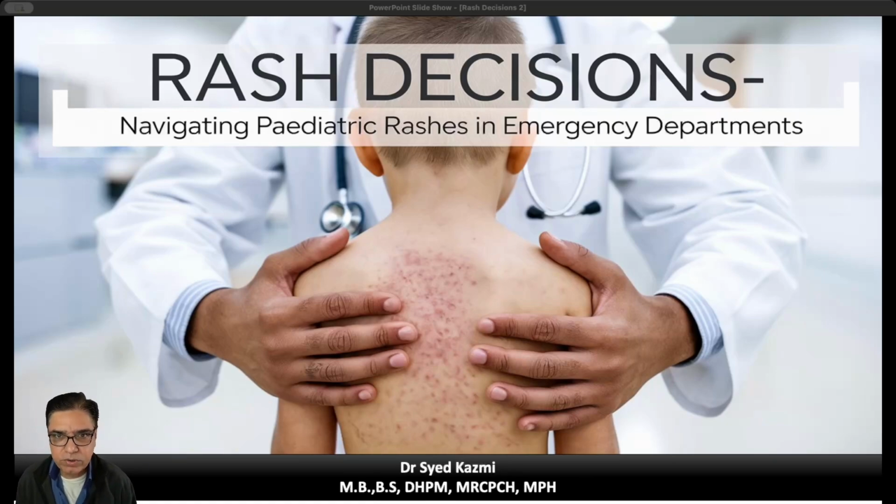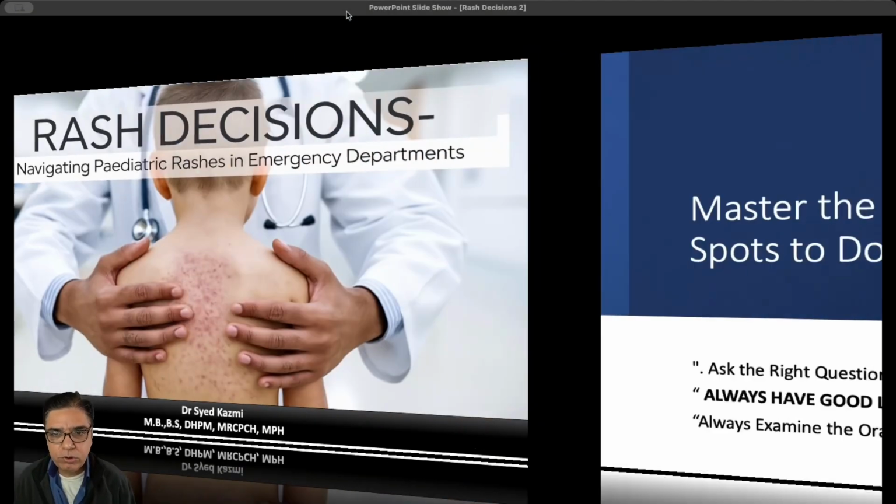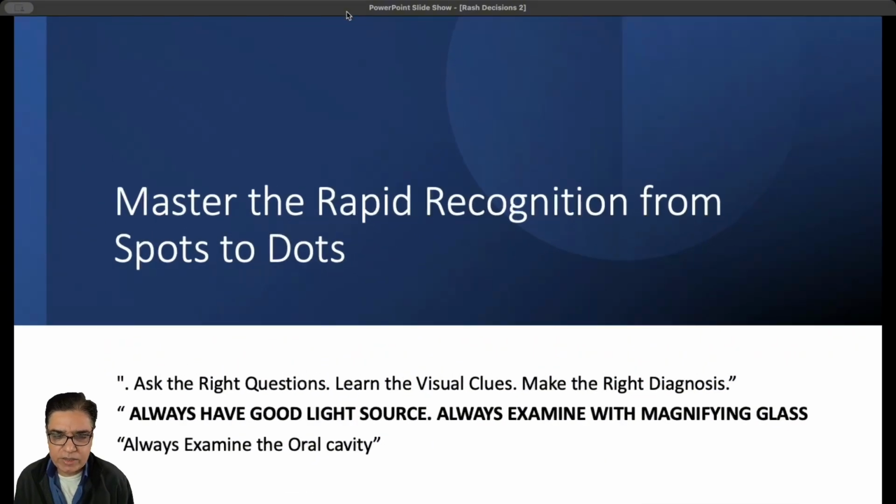When you are dealing with any child who has a rash, you have to ask the right question and you have to learn the visual cues, and if you have these two things right, then you can make the right diagnosis. With any child you are seeing with a rash, you always need a good light source to examine the child, and preferably always examine them with a magnifying glass.